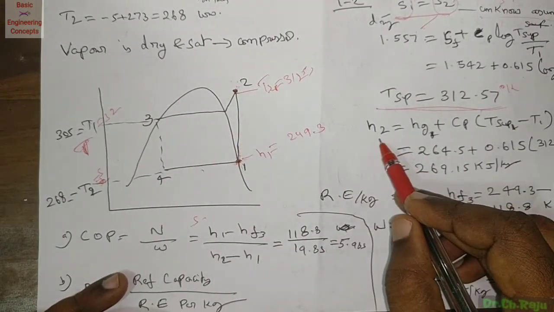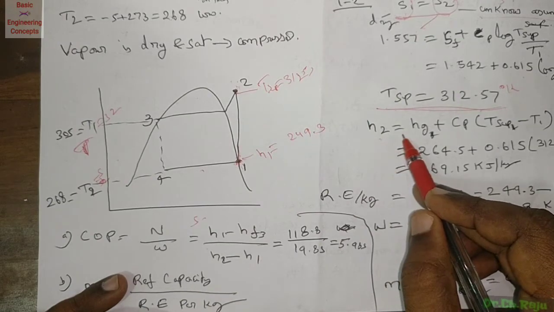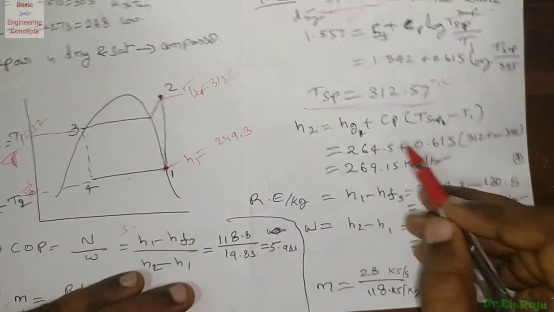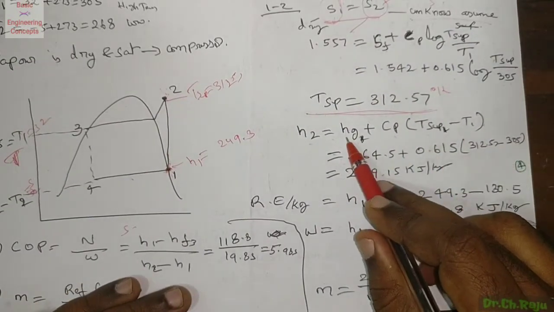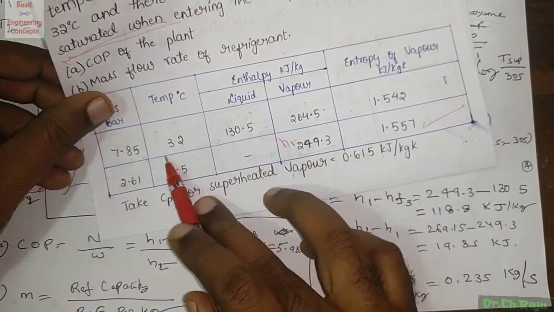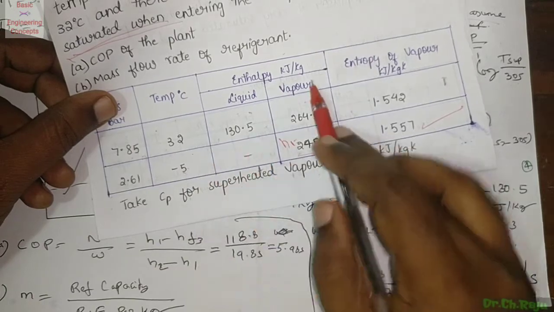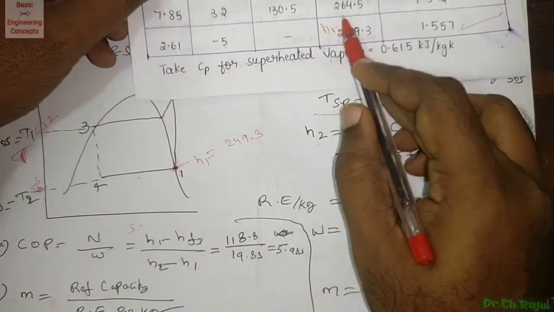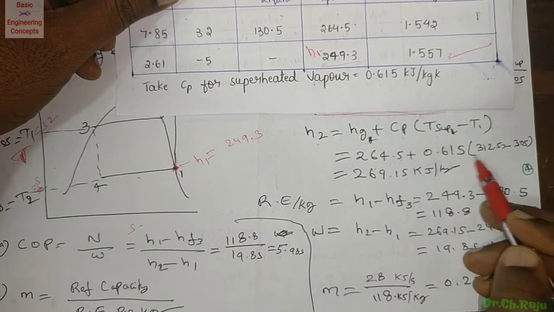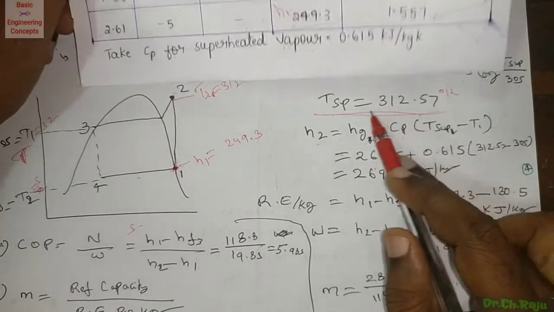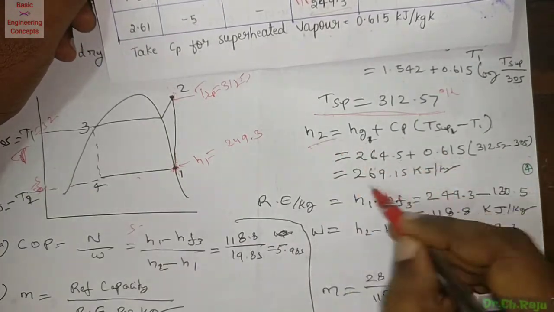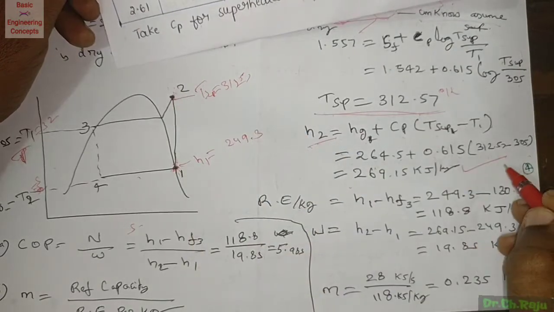The enthalpy of superheated vapor is the enthalpy of saturated vapor plus Cp into (T_sup minus T1). So H2 is equal to, at 305 K, the enthalpy of vapor 264.5, plus Cp 0.0615 times (312.57 minus 305). H2, the enthalpy at condition 2, is also calculated here.